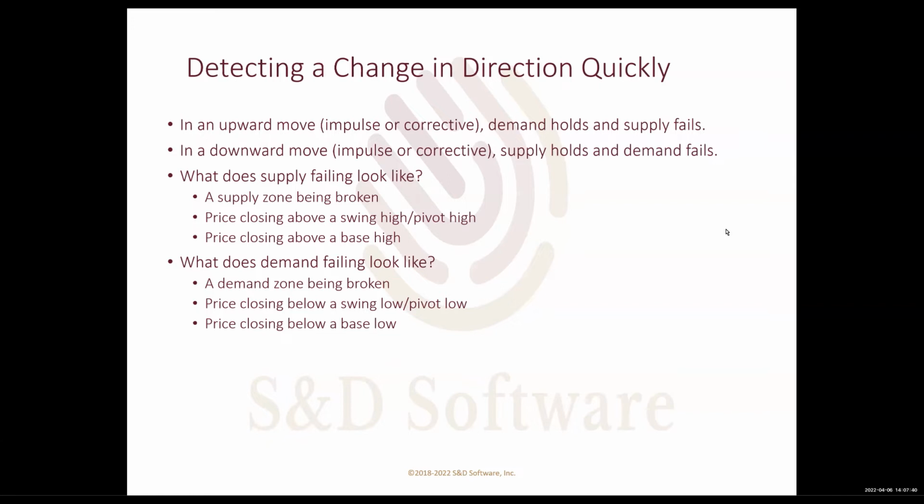So if we get a close below a base low or a close below a swing low, that's a failure of demand because we know there had to be some demand there. We just don't know how much. But when you get the close below, that demand is gone. There's no more unfilled orders there.